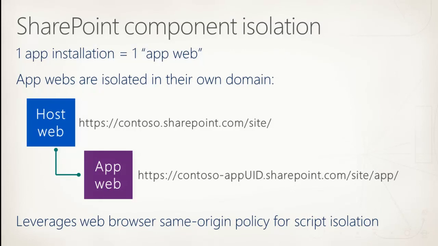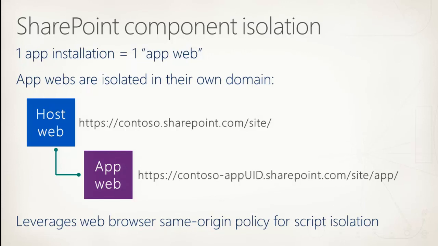There are two primary reasons for deploying apps in app webs rather than in host webs, and both are related to security. The first one is enforcement of app permissions. Like I was mentioning before, this time around, apps have their own identity, so no longer do we have what we used to have before with sandbox solutions, where they were running in the same process as the user.